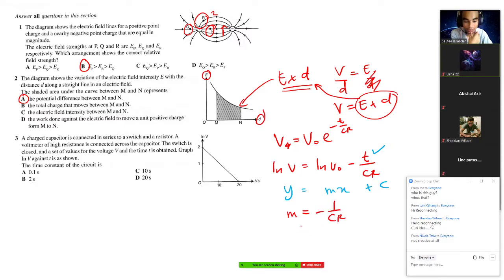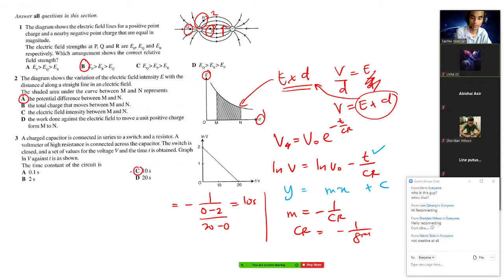So CR equals negative 1 over the gradient. The gradient is 2 divided by 20 minus 0, so CR equals 10 seconds. The time constant for the circuit is 10 seconds.